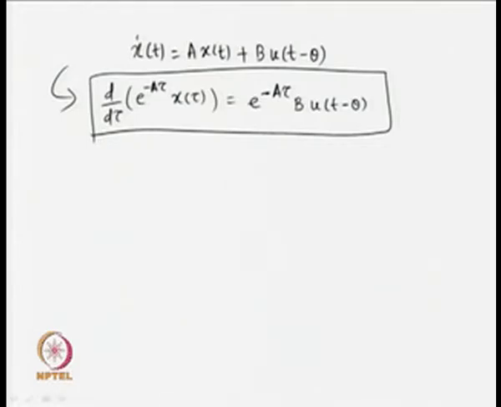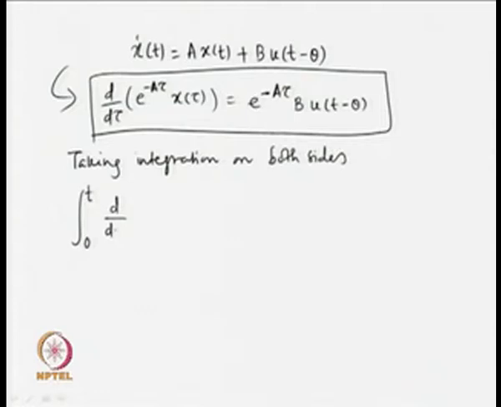So, this equation can further be solved taking integration on both sides, then we get integration from 0 to t of d over d tau of e to the power minus a tau x tau is equal to integration from 0 to t of e to the power minus a tau b u t minus theta d tau.